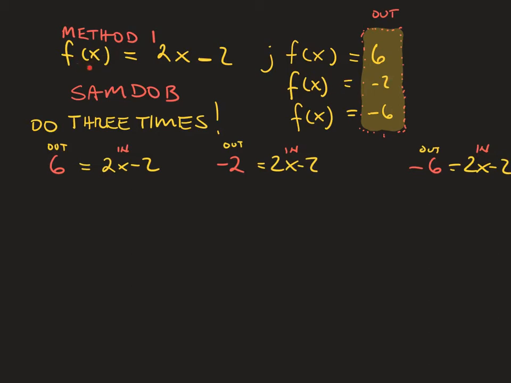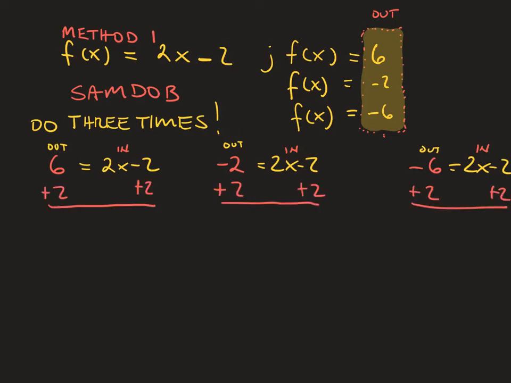So for f of x, we're going to substitute 6, and we'll do another problem where it's minus 2, and another problem where it's minus 6. By doing that, we'll get 3 different inputs, which we will determine by solving equations. Pause the video and see if you can work out what all 3 inputs are.